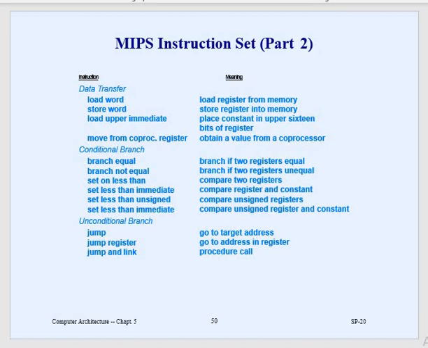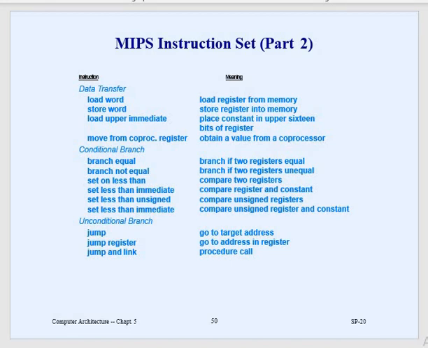And similarly, we have conditional branches and unconditional branches. The conditional branch commands in the MIPS instruction set include branch equal, which branches if two registers are equal; branch not equal, which branches if two registers are unequal; set on less than, which compares two registers; and set less than immediate, which compares a register and a constant.